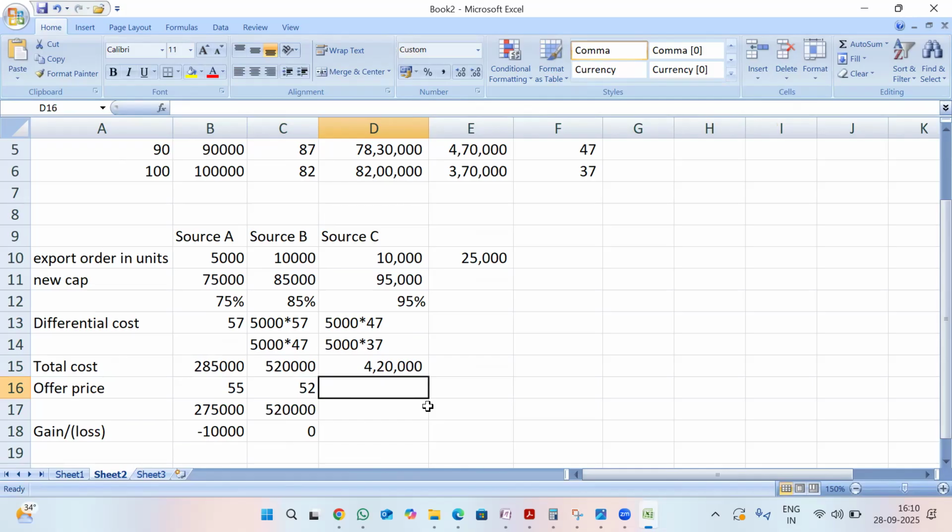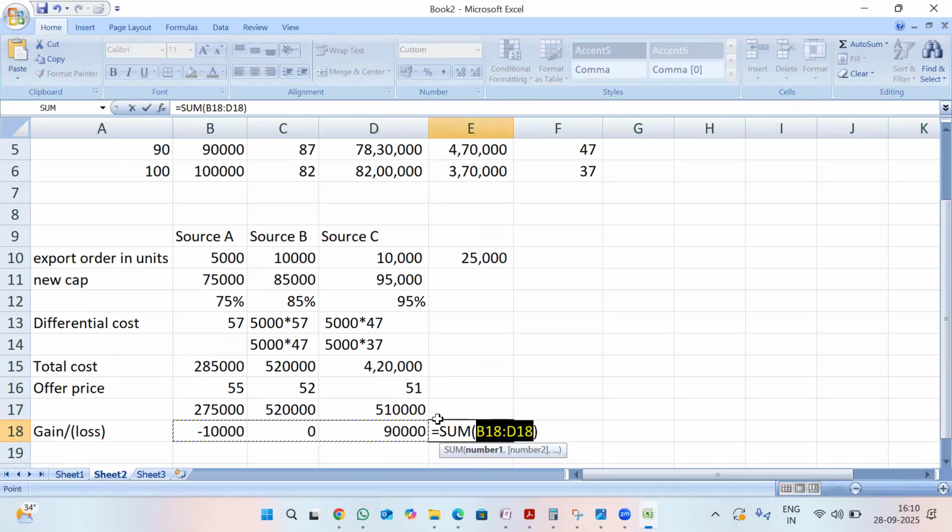Here my offer price is 51 rupees. So 10,000 into 51. So my profit will be 90,000 at this stage, because I'm getting a huge profit as my total cost per unit itself is reduced drastically.